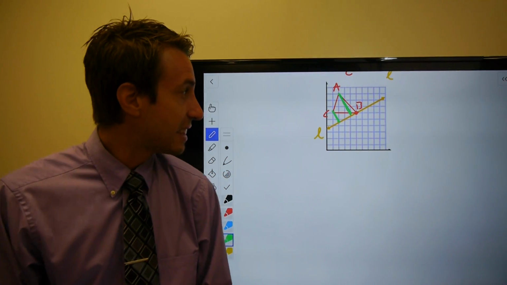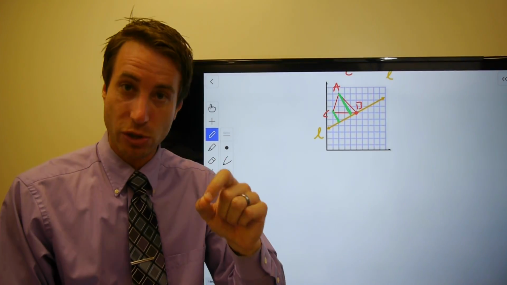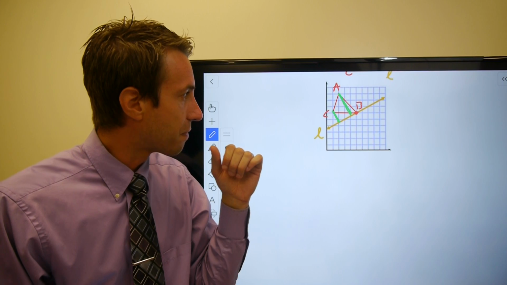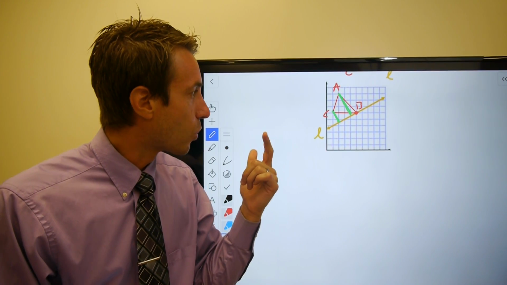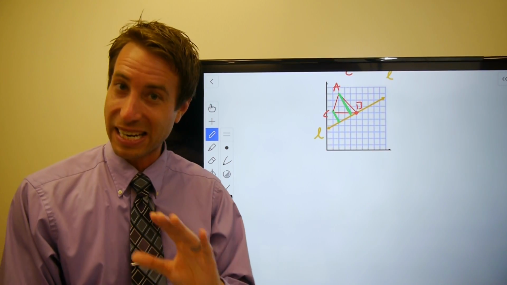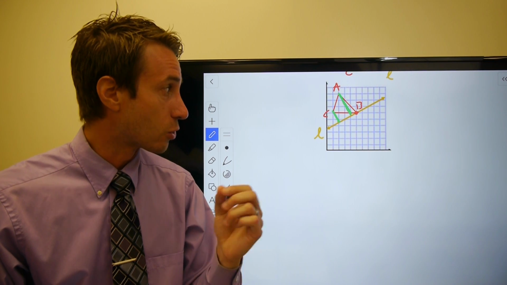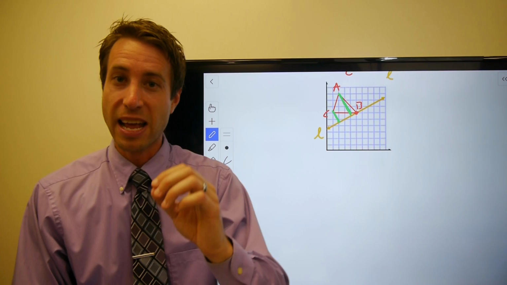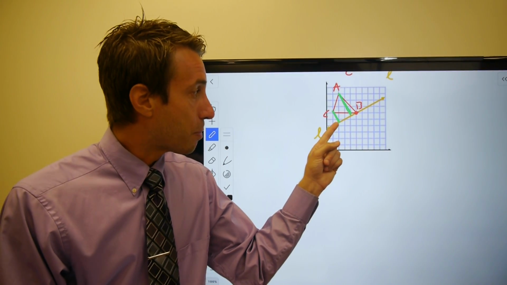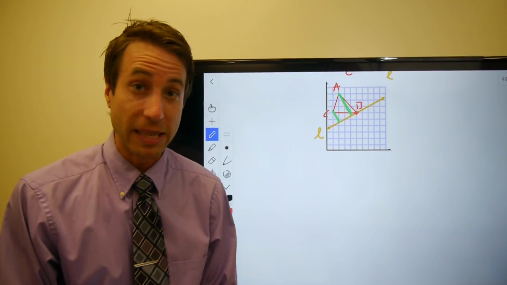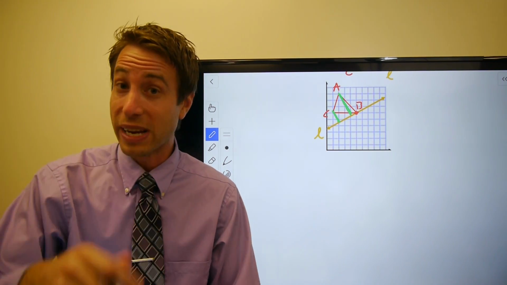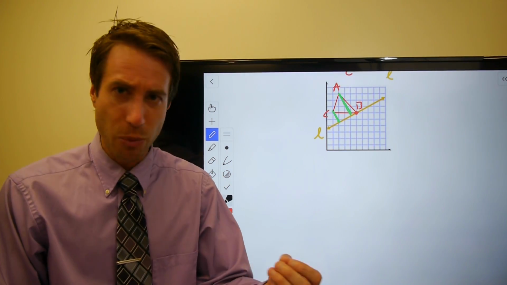Okay, so it looks like in this one, maybe when I was doing the notes, my line of reflection got off a little bit. This is something that I would not do to you on a test or a quiz. So we'll still do this one together, but my perpendicular lines are not coming together where my vertical and horizontal graph lines, my grid, are meeting, which I wouldn't do to you.